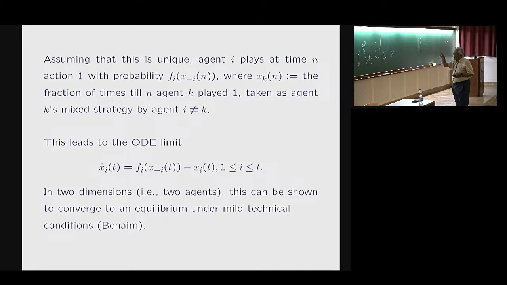But x minus i at t is the empirical policy. You assign to each of the other agents a mixed strategy equal to the empirical distribution of his or her actions.